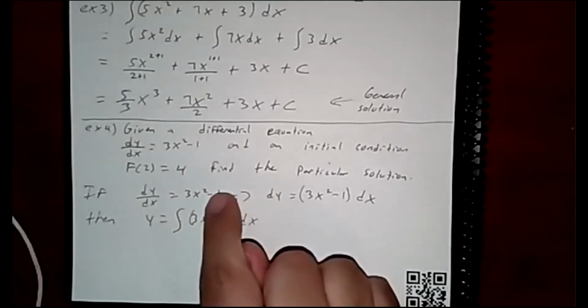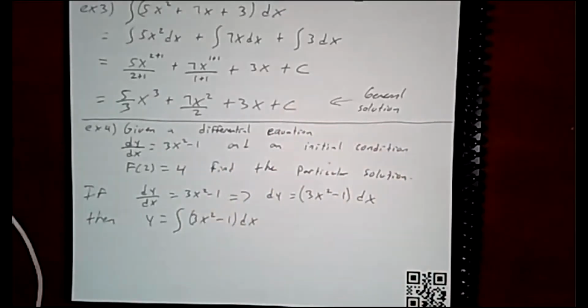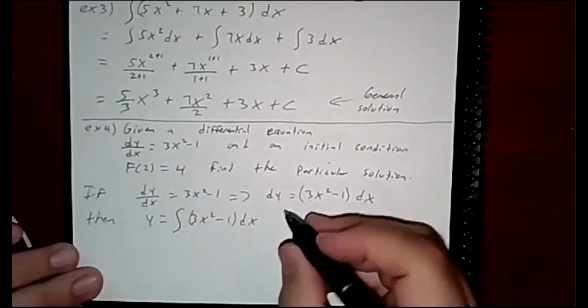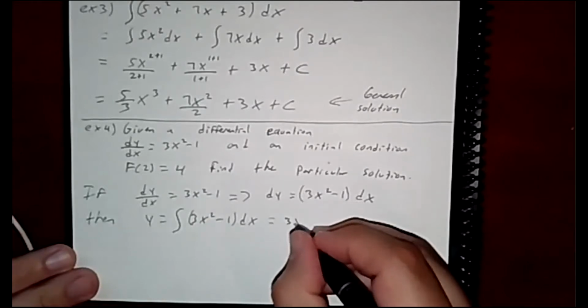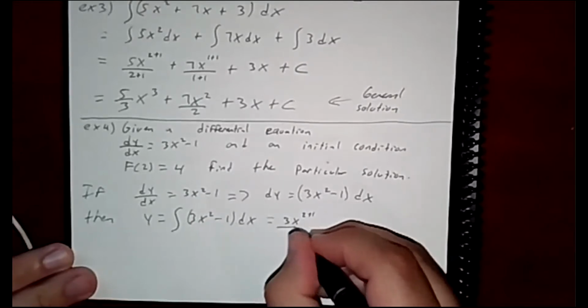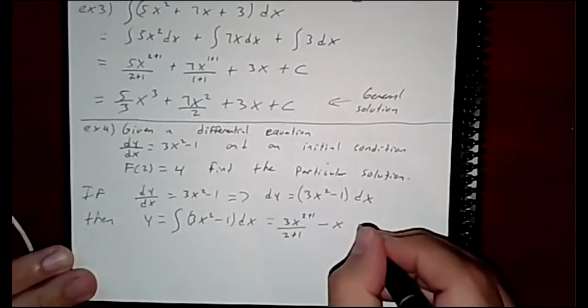It's the same differential right here. X cubed plus c. Close. That'd be 3x to the 2 plus 1 over 2 plus 1, minus x plus c.